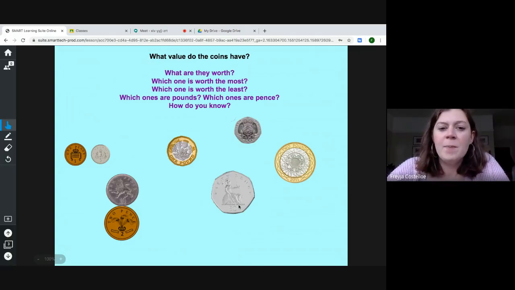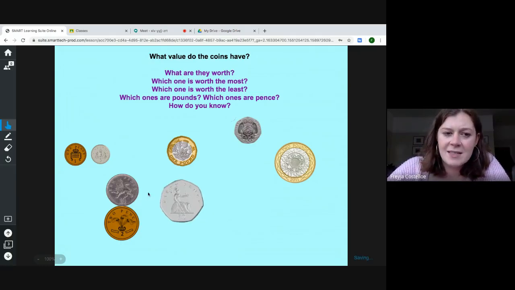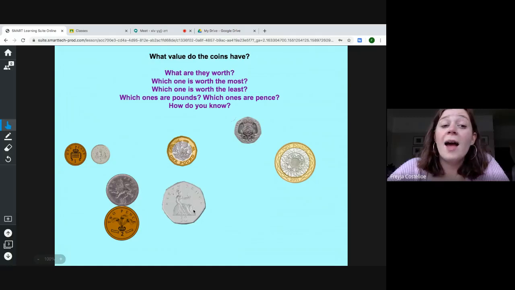Okay. But this is 50p, like our 5p and our 10p and our 2p. So this is worth how many of our little 1 pennies? 50, okay? It's going to be worth 50 of our little 1 pennies.